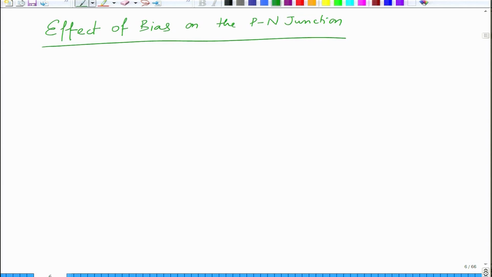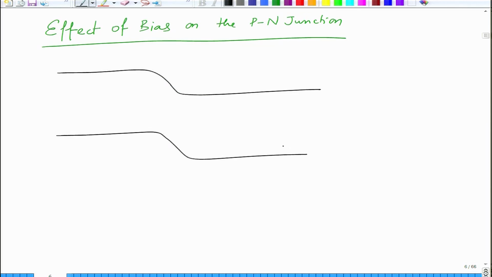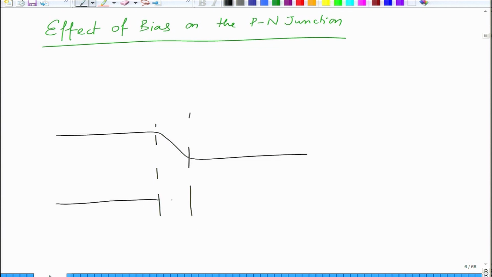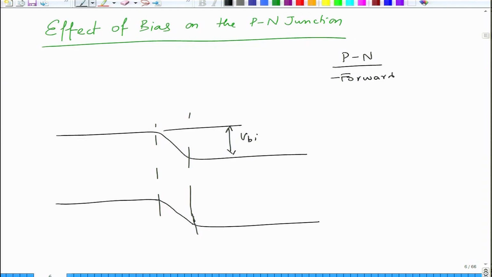So essentially, if this is your PN junction, and we said that this is VBI. What do you mean by bias here? So bias in a semiconductor PN junction is called either forward bias or reverse bias. What does it mean?